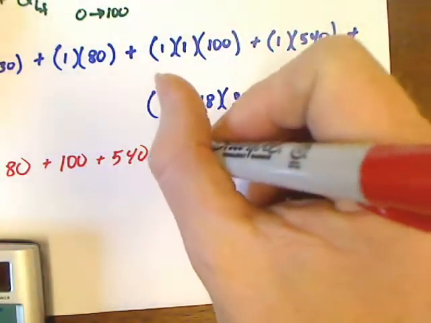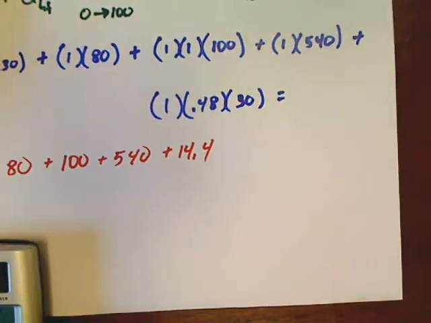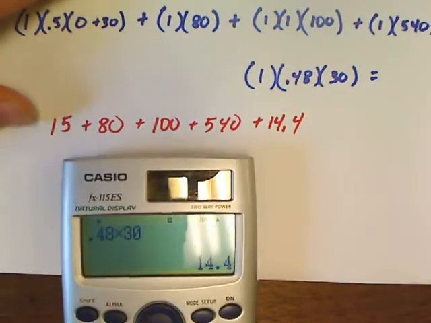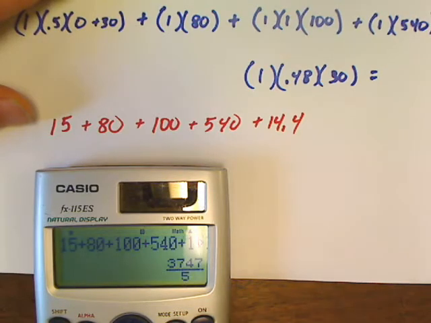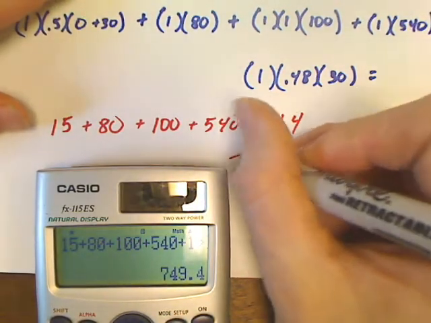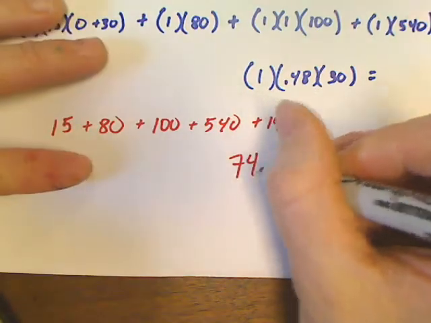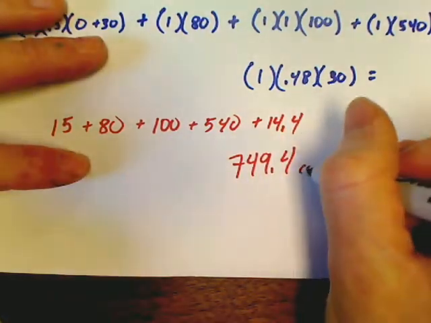So plus 14.4. Now, if we add up every bit of these calories, 15 plus 80 plus 100 plus 540 plus 14.4, we get 749.4 calories.